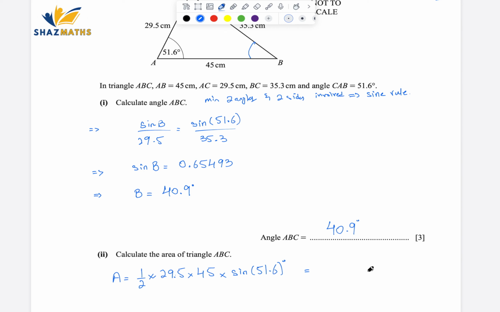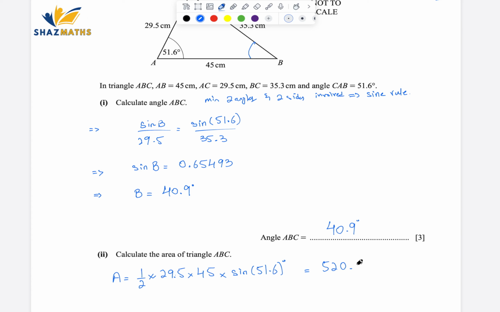Let's solve it out. It's going to be 29.5 times 45 times sine of 51.6 equals, and then the answer divided by 2. So the final answer is 520.1765.